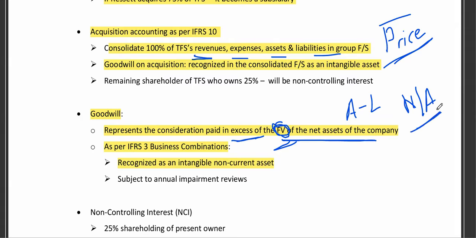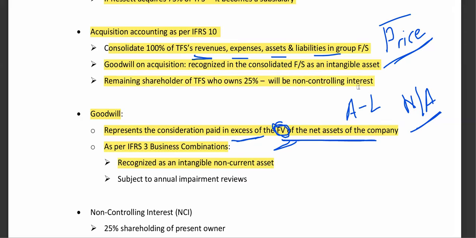So if we acquire a 100% stake, 100% of the net assets will belong to us. But since we are acquiring only 75%, the remaining 25% will belong to the founding shareholder, who will be referred to as the non-controlling interest.